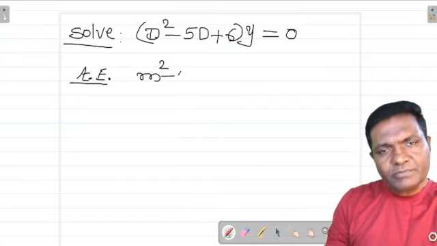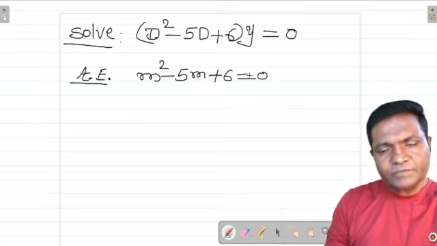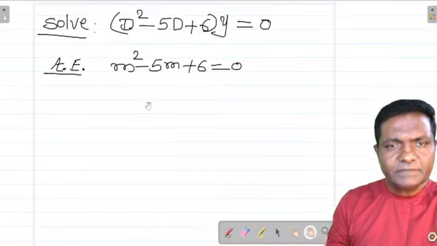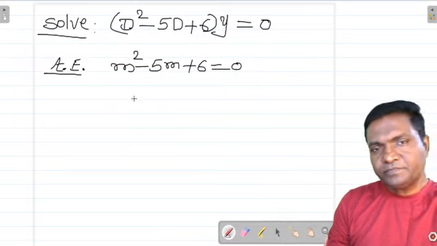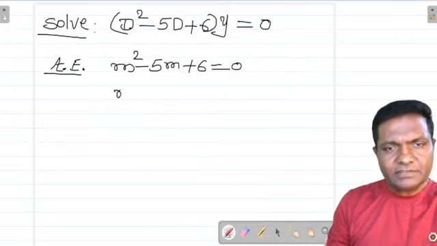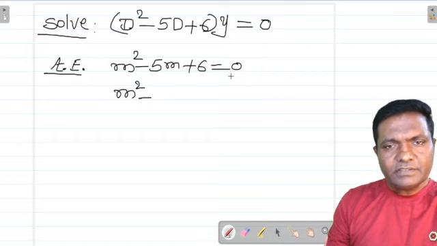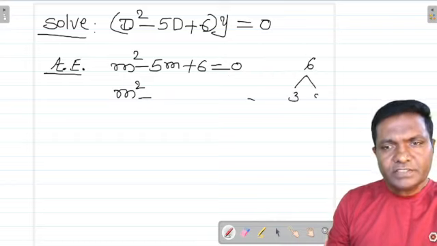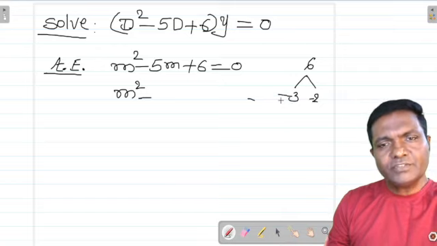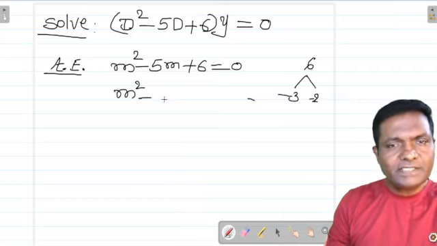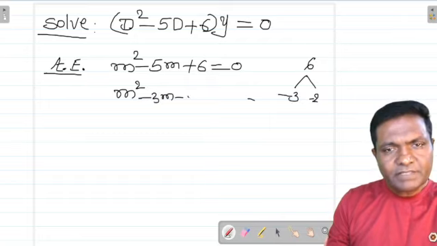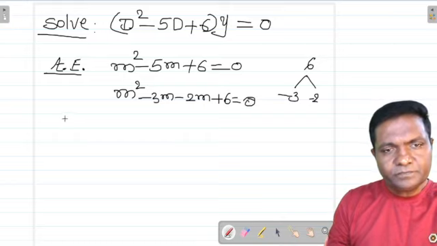So you need to write m² − 5m + 6 = 0. Solve this quadratic equation by any method, factorization or use your calculator. Splitting the 6: minus 3 and minus 2, sum is minus 5 and product is plus 6. So m² − 3m − 2m + 6 = 0.